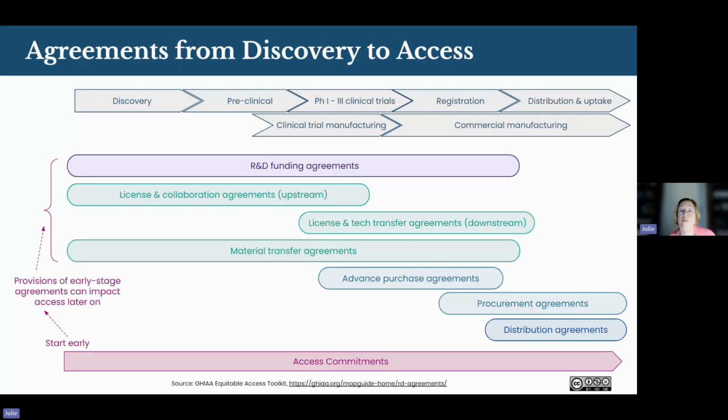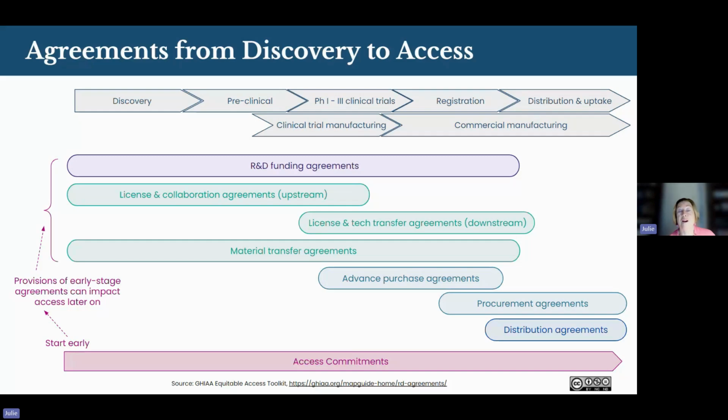But again, as you know, collaboration agreements continue to happen upstream through registration, through distribution, and into clinical trial manufacturing and commercial manufacturing. As part of that, there are additional license agreements and material transfer agreements.